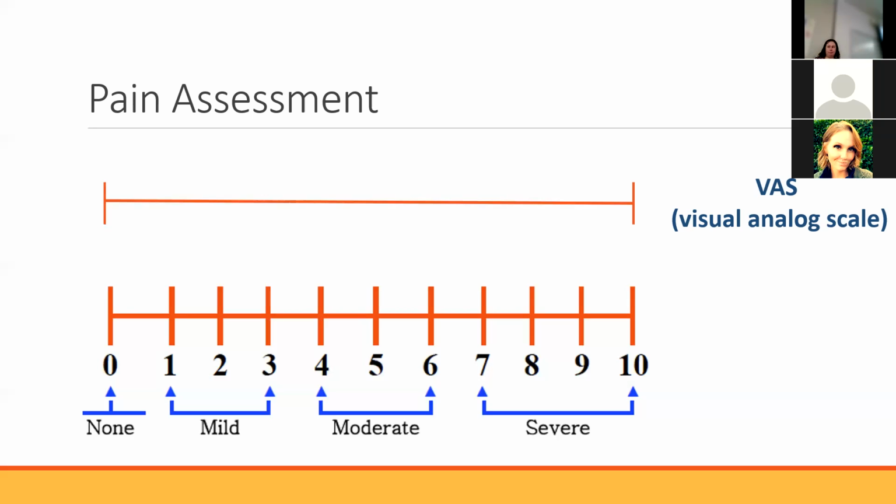But pain is completely subjective. You can't tell if somebody is telling you the truth about their pain, and the exact same process could feel like a 7 in one person and a 3 in somebody else.